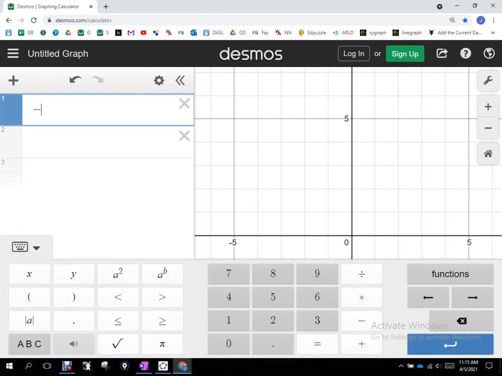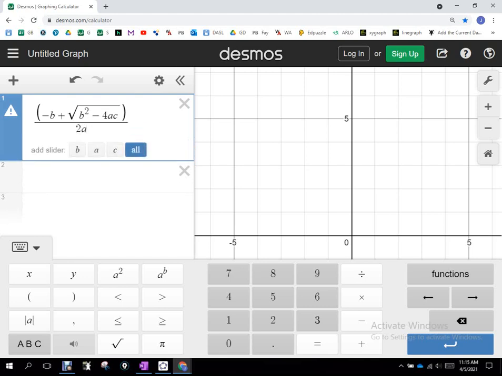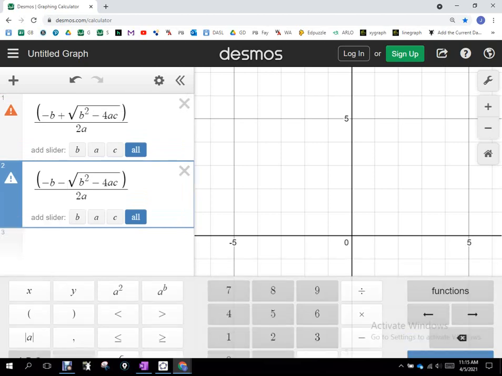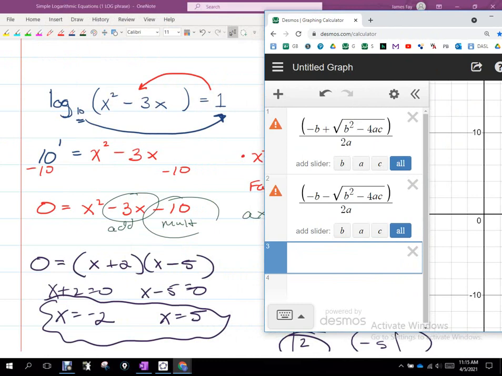If I go opposite of b plus the square root of b squared minus 4ac all over 2a, we can do that. We're going to copy that, paste it, and then change this to a minus sign. You guys remember the quadratic formula? So this will allow us to factor this thing and get these two answers right away.